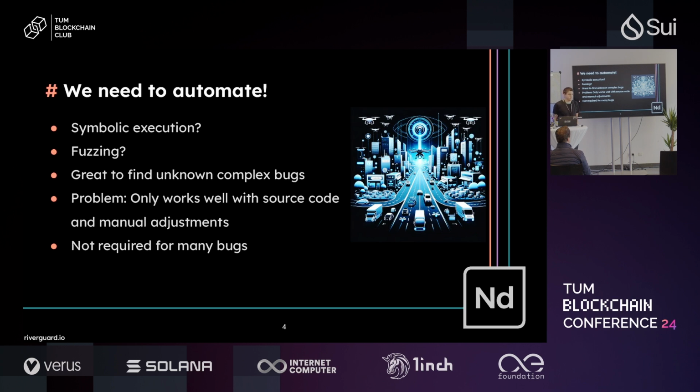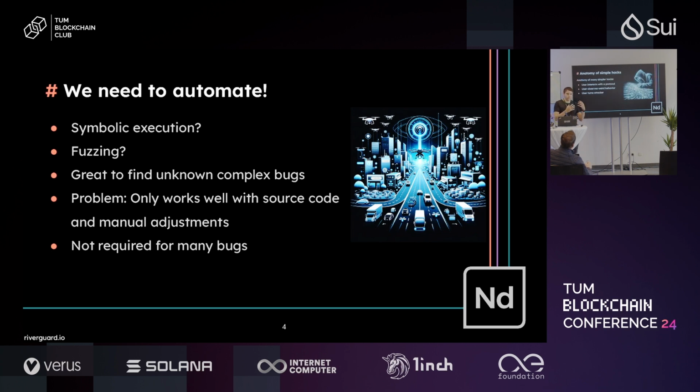This was a nice idea for finding the complex stuff, but it was not suitable for finding the easy bugs, because the easy bugs have a lot of these combinations of, for example, deposit and withdraw functions, and these are dependencies that fuzzing and symbolic execution do not get. So you had to either instrument and do some manual adjustments or set up a special pair of functionalities, and all of this was super complex and did not work out the way we wanted to, and it was also not required for lots of these bugs.